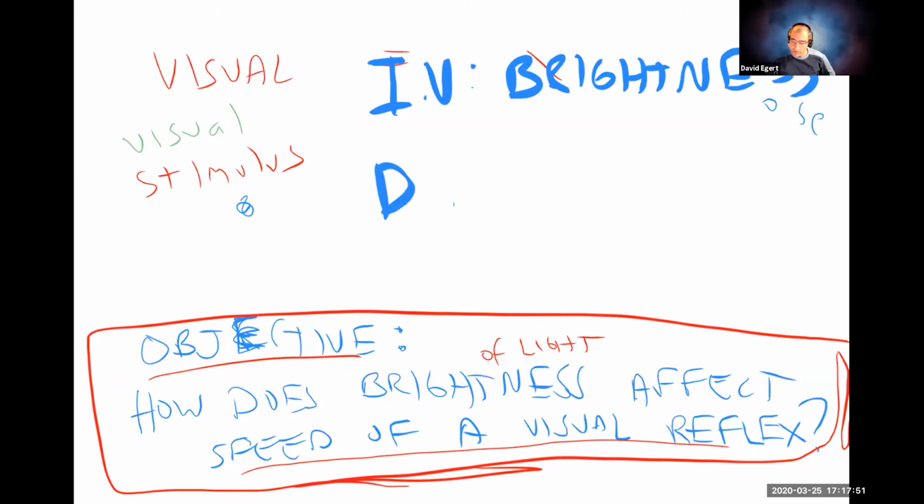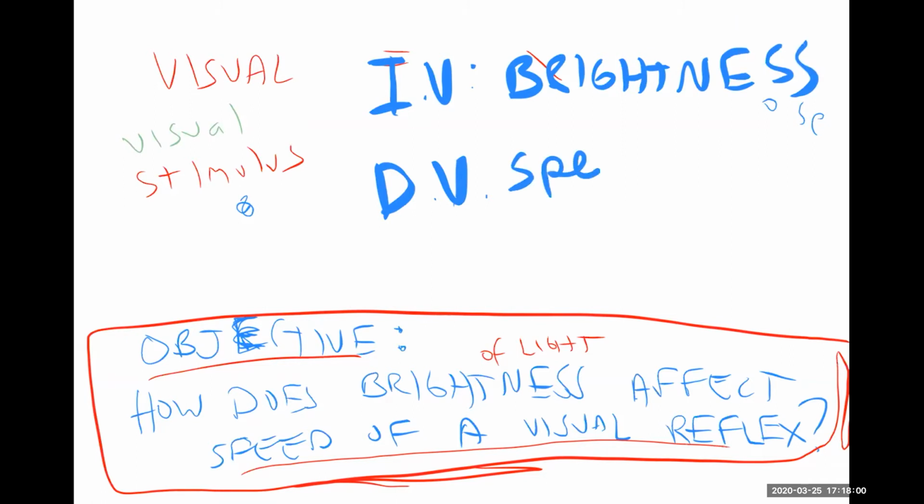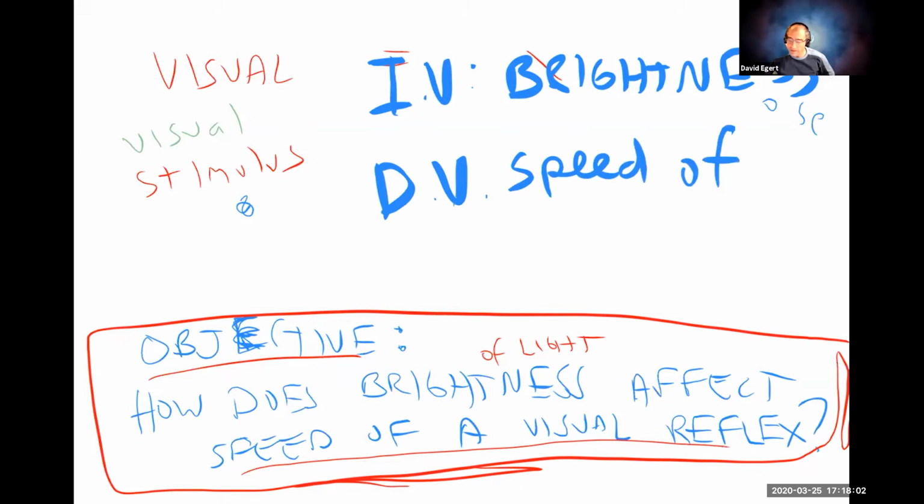And what about our dependent variable? The speed? Yes, it's going to be the speed of the reflex. So this is at the core.